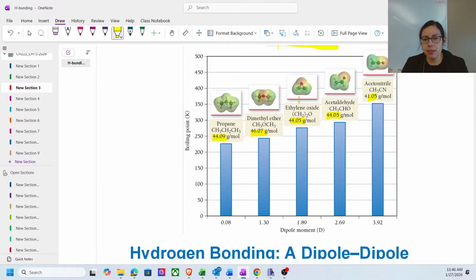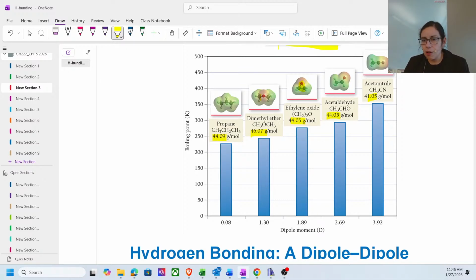Then ethylene oxide. So notice it has that epoxide shape, a little triangle, right? That kind of forces it into a more polar geometry, more sticking out there. You can see from our electrostatic potential map. And then acetaldehyde, it's kind of on one side, so it has a slightly higher dipole moment.